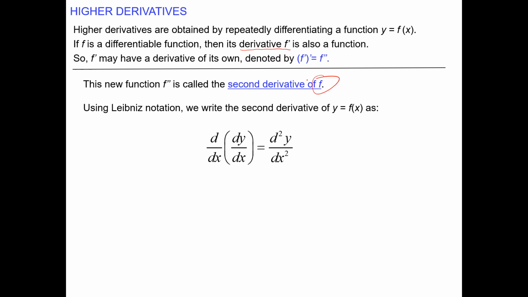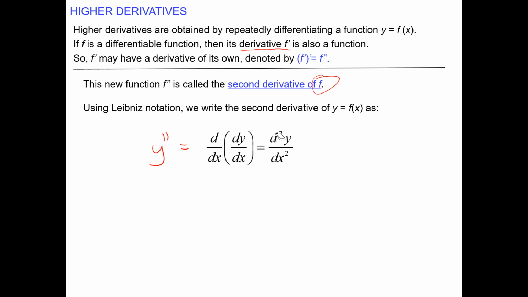We can call it the second derivative of the original function f. And the notation, of course, will be y double prime because it's the second derivative, or we can use the Leibniz notation, the derivative with respect to x of the first derivative. This is the first derivative, dy dx. And when we combine this notation, we write it this way.